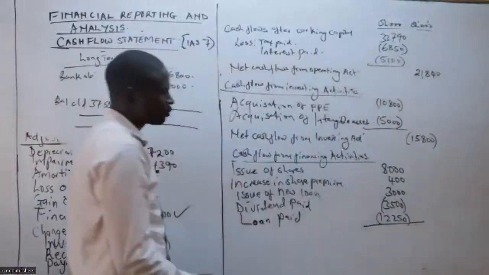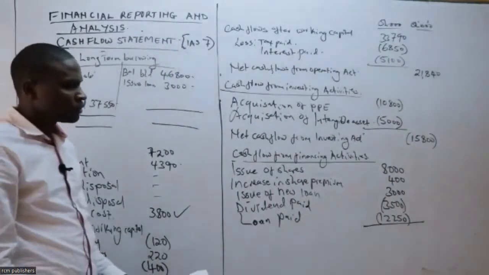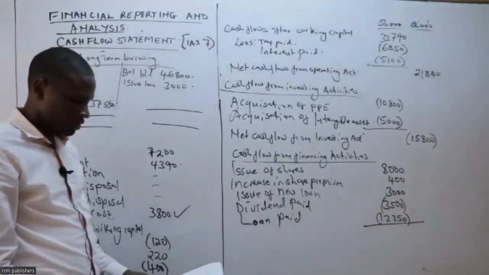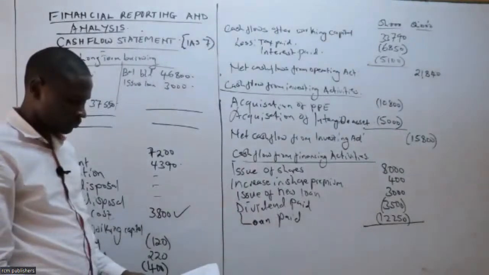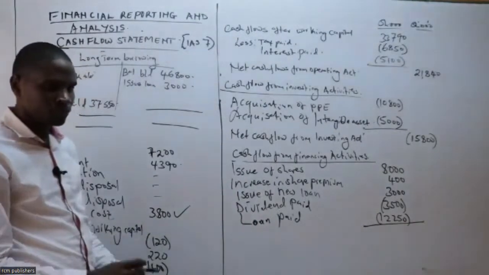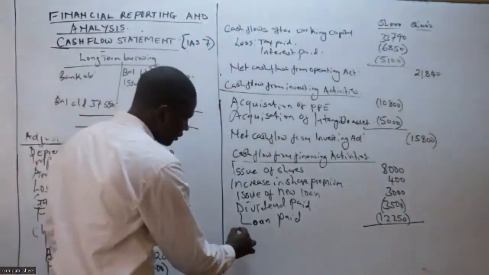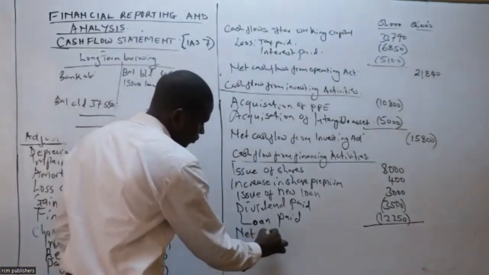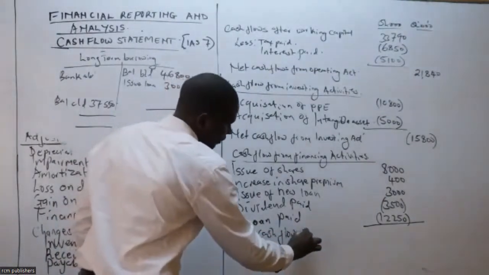So can you give me the total? How much is our total there? Net cash flow from financing activity. I think that is what we are looking at here. What is the financing activity?